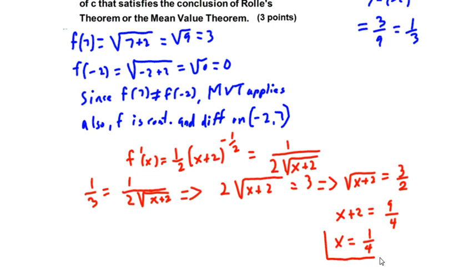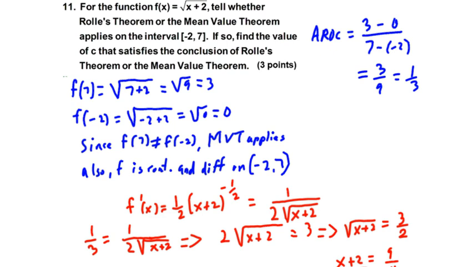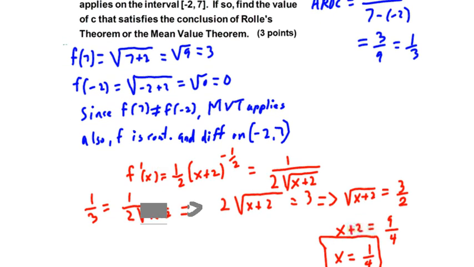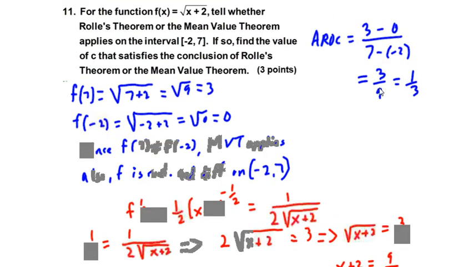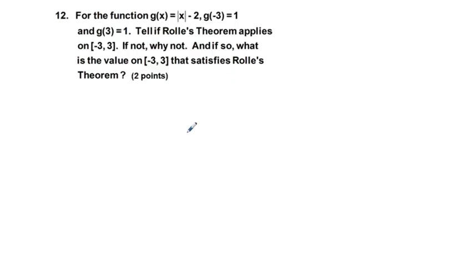So I'm looking for three things. I'm looking for that value of c that satisfies, which is x equals 1/4. We're looking for the average rate of change, which is 1/3. And then we're looking for this argument about mean value theorem versus Rolle's theorem. So those are the three components.